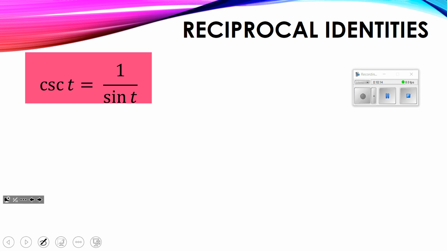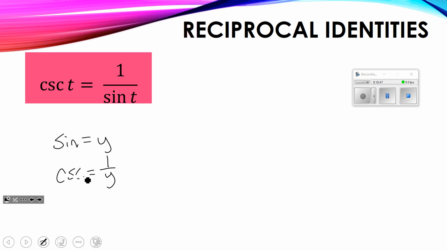This should make sense to us that yesterday I told you that sine was equal to the y, and we learned that cosecant was the reciprocal of it, 1 over y. Not the cosine, the cosecant.